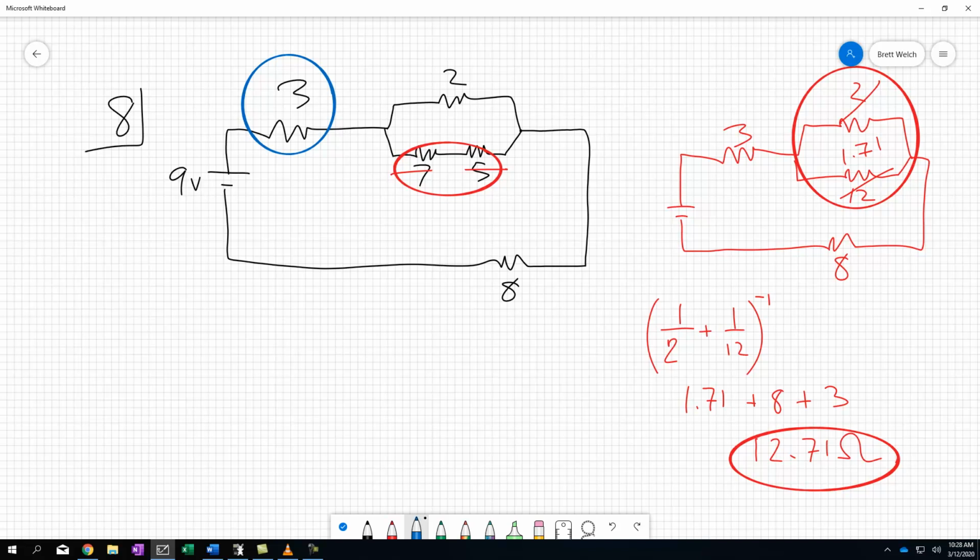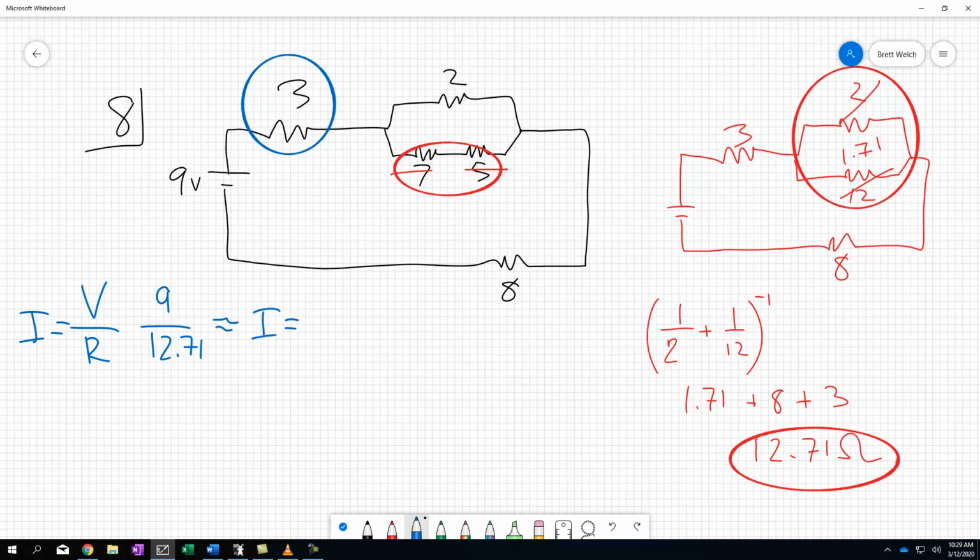All you have to do is multiply the resistance by the current that flows through it. So 3 times, we got to find the current. So we would take V over R to give us our current, right? Ohm's law, we divide the resistance over. It's 9 divided by 12.71.